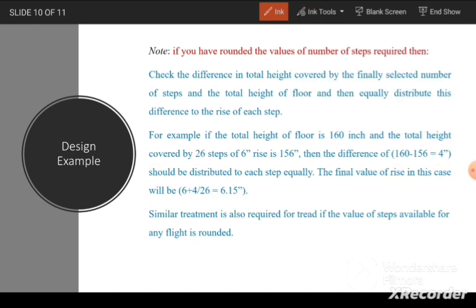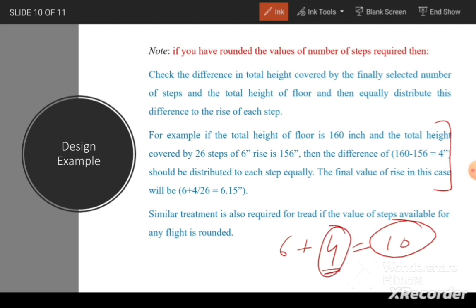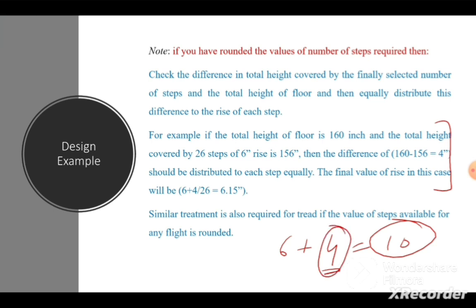Otherwise you will have the final step of a different size from the others. For example, here we will have the final step equal to 6 inch plus 4 inch, meaning the final step will be 10 inches, or we need to provide one extra step of 4 inch. To avoid this, we need to distribute this 4 inches to all the 26 steps.